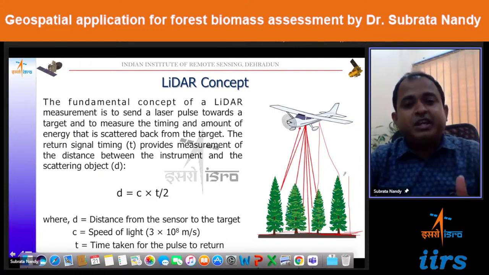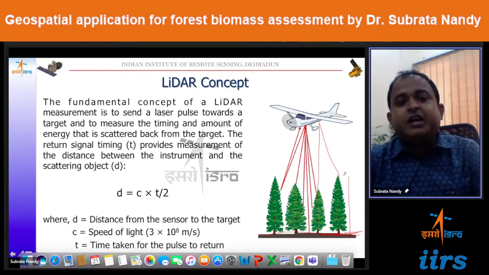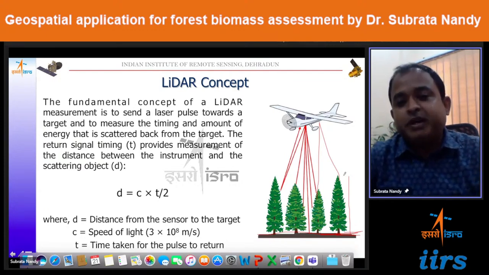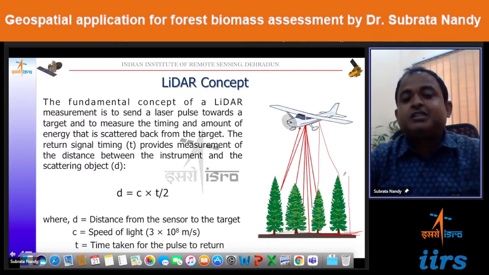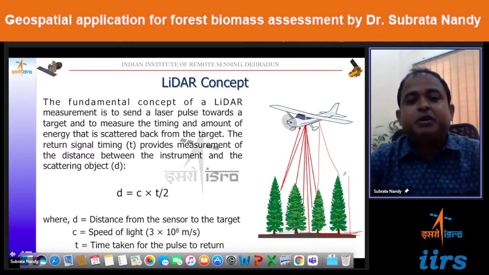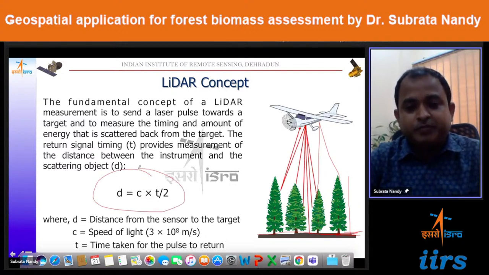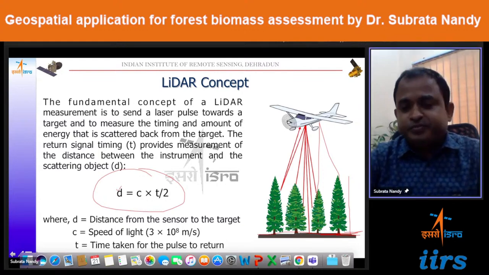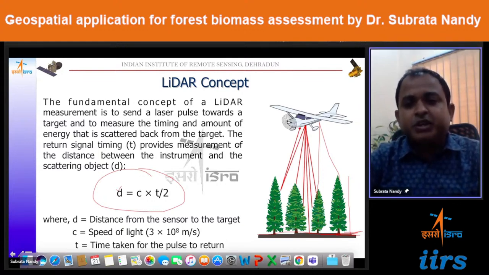Basically, you send a laser pulse towards the target and measure the timing and the amount of energy that is scattered back from the target. The return signal timing provides a measurement of the distance between the instrument and the object. Now, D = C × T / 2, where D is the distance between the sensor and the object, C is the speed of light, and T is the time taken for the pulse to return.